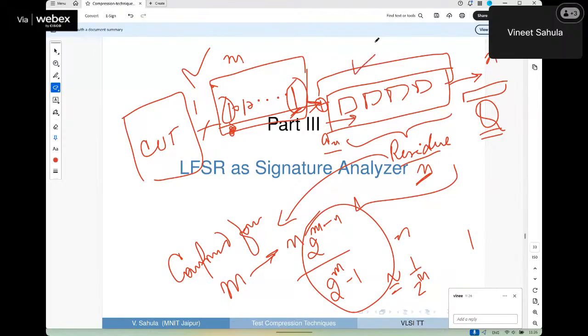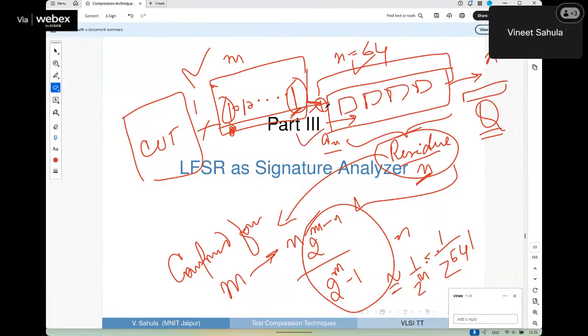If my LFSR is large, n equal to 64, the probability of aliasing will be 1 by 2 to the power 64, very small. So this is a very good compactor. I take the residue as the compacted form.